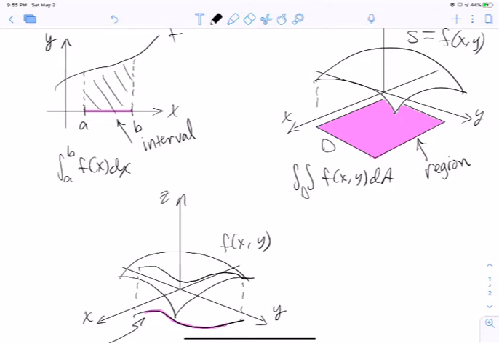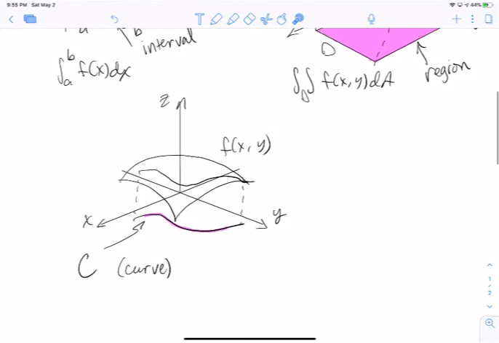In R3, if I'm integrating over a surface, then what I can find is the volume underneath the surface. For the line integral, one way to think about it is that if the function f is positive, then the line integral can give us the area of one side of the sheet that exists between the curve and the surface.